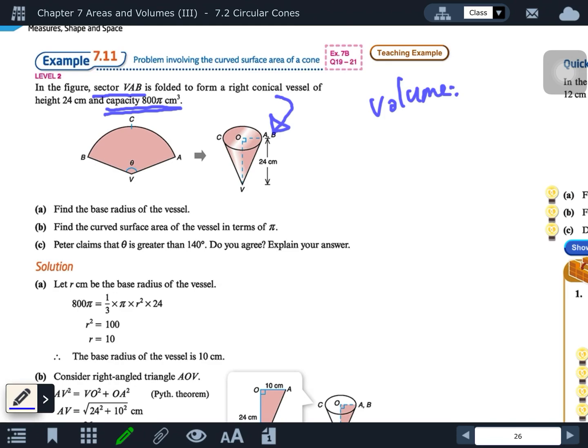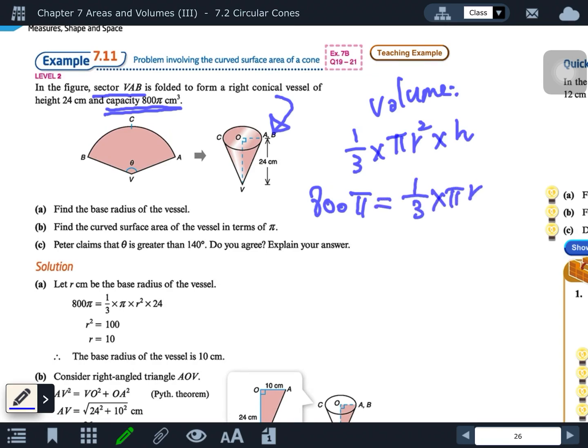Okay, let's remember what the volume of a cone is. 1/3 times base area, which is pi r square, and then times height. So now, if we have the volume of 800 pi, that means it equals 1/3 times pi r square, times the height of 24, and then we have an equation like this.